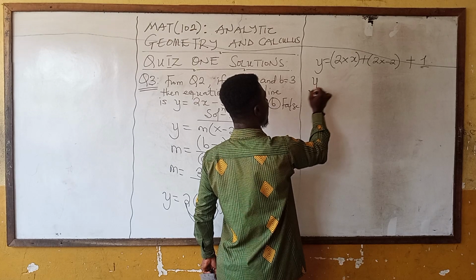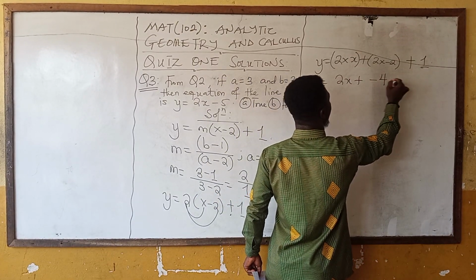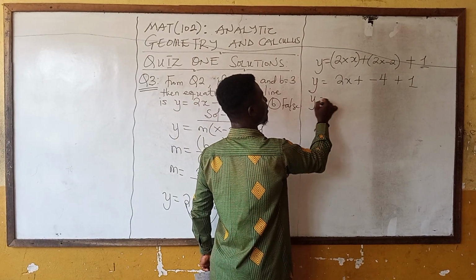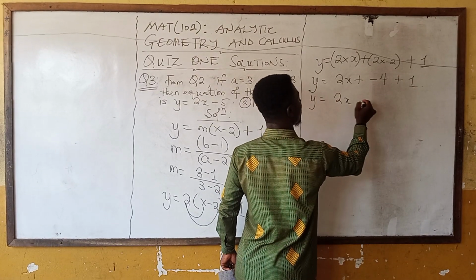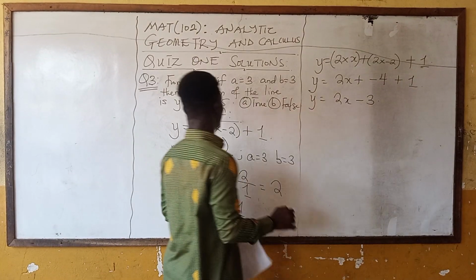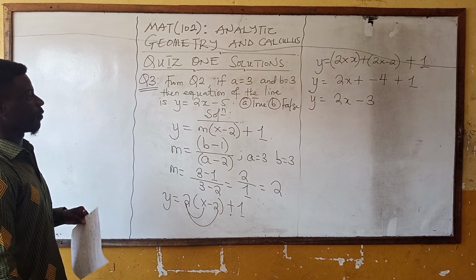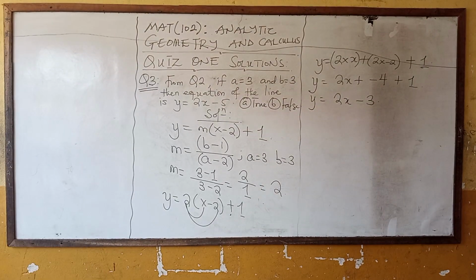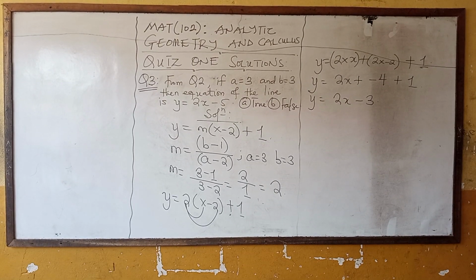So I have y equals 2x plus negative 4 plus 1. So y equals 2x, then negative 4 plus 1, we have negative 3. So we have y equal to 2x minus 3.